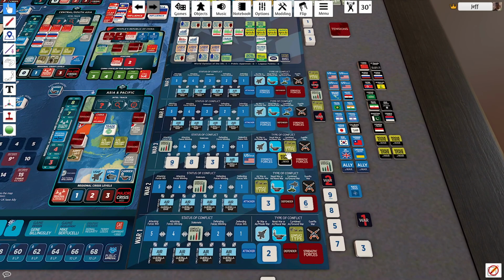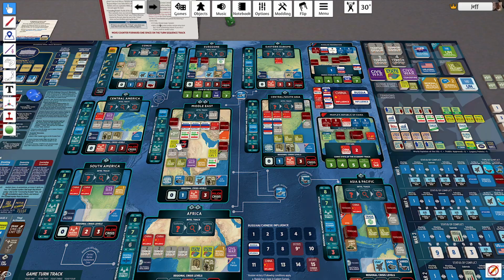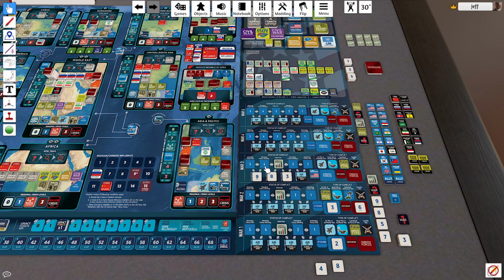Then we have another war with the rogue state. Oh, we already won that one. Ah, that was another rogue state. We already won that one.